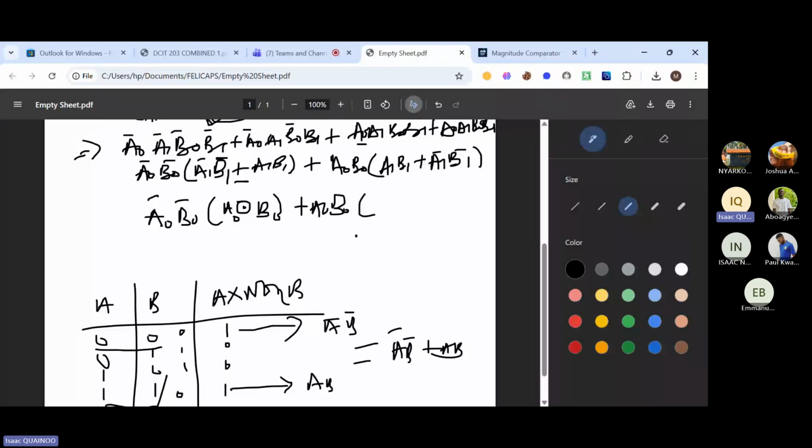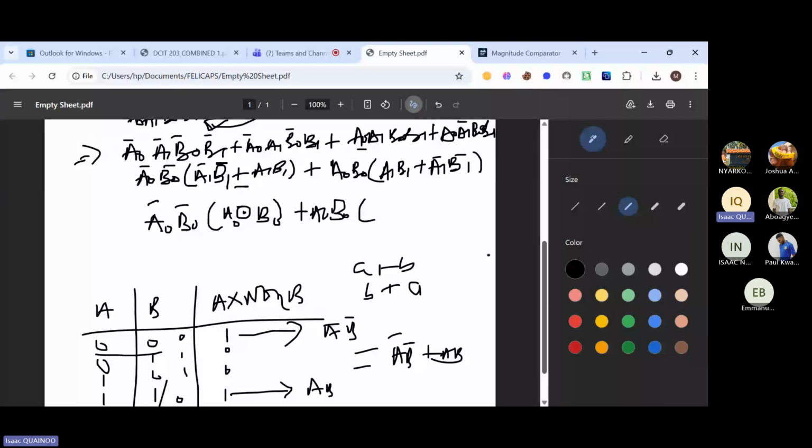And we know that when it comes to addition, A plus B is the same as B plus A in our Boolean laws. So A1 B1 plus A1 B1 all bar is the same as A1 B1 all bar plus A1 B1, which totally mimics the rule for our XNOR gate.